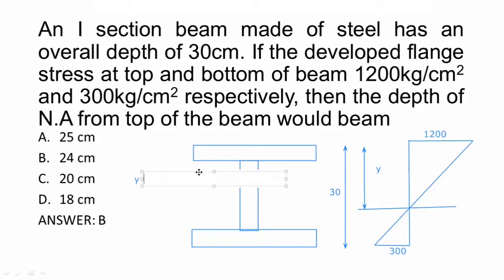So when you are measuring this y distance from neutral axis, what you will get is 1200 as the value. So when there is remaining distance 30 minus y, what is the stress value? It is 300, correct?